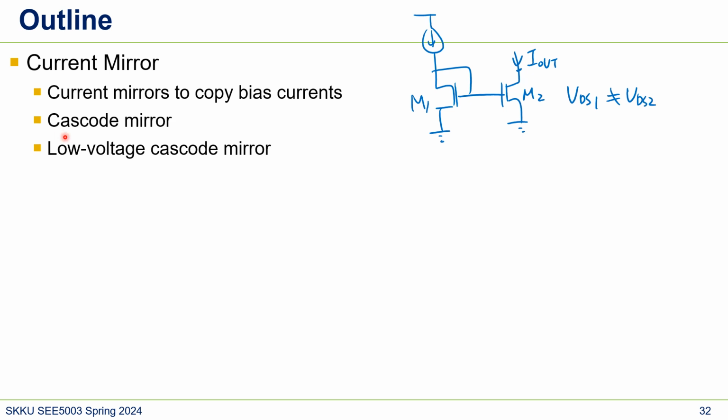So we decided to use a cascode current mirror, and then it becomes this. We have a cascode current mirror, and then we have this.